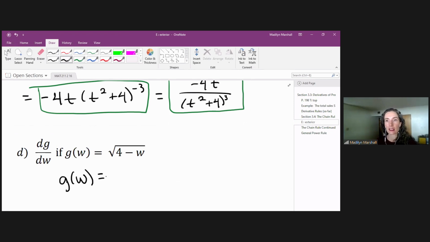So before even taking the derivative here, we should think, oh, we have this square root on the outside. The only way we know how to take the derivative of a square root is to change it to a power and use the power rule. So we should do that.